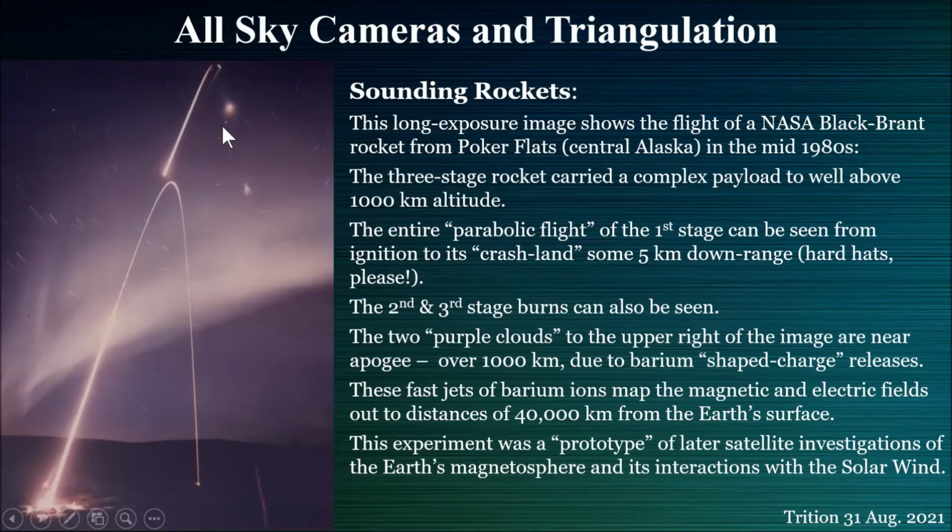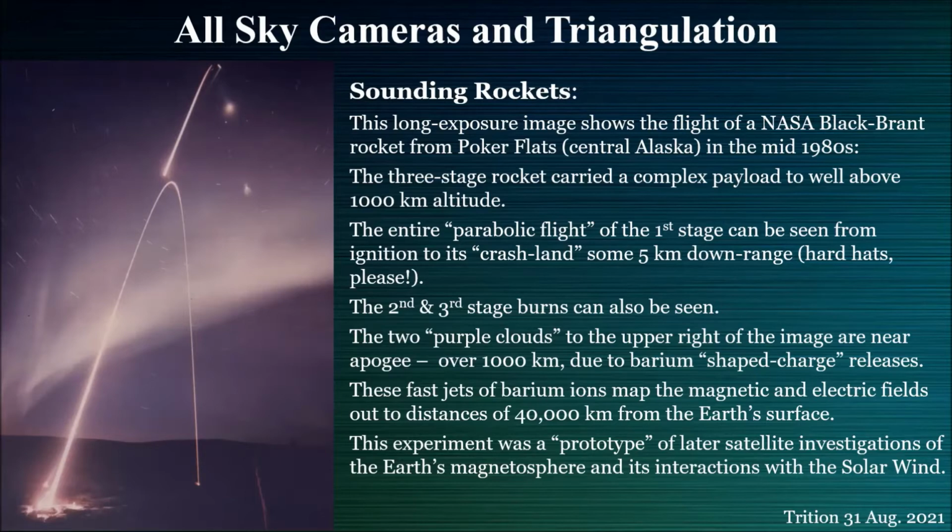The shaped charges detonate and release the barium neutral at that time with a velocity of something in excess of 10 kilometers per second. That means it's basically got the escape velocity, also got enough velocity that in fact the neutrals will ionize themselves very, very quickly by a combination of collision and charge exchange with the ionospheric ions.